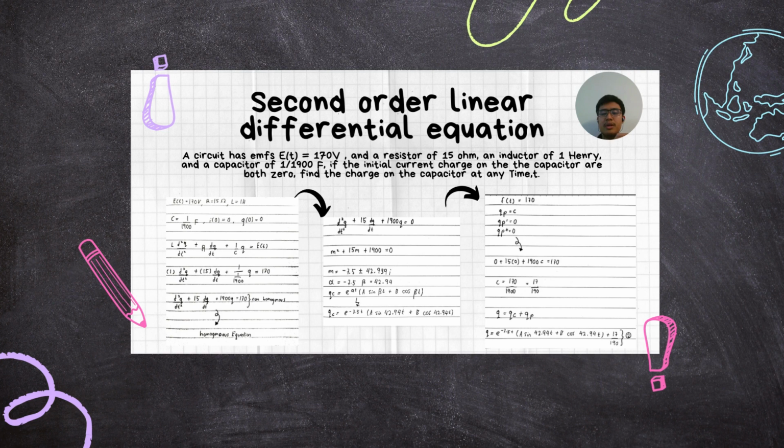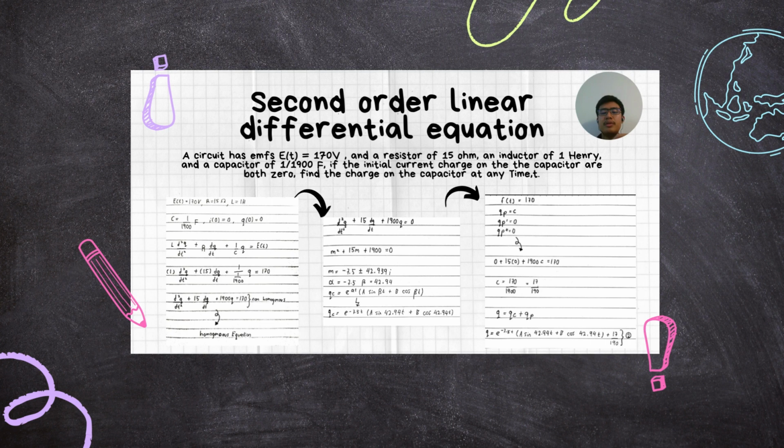So alpha equals -7.5 and beta equals 42.94. For the homogeneous equation, for the complex case, Qc equals e^(alpha t) times (A sin beta t + B cos beta t).